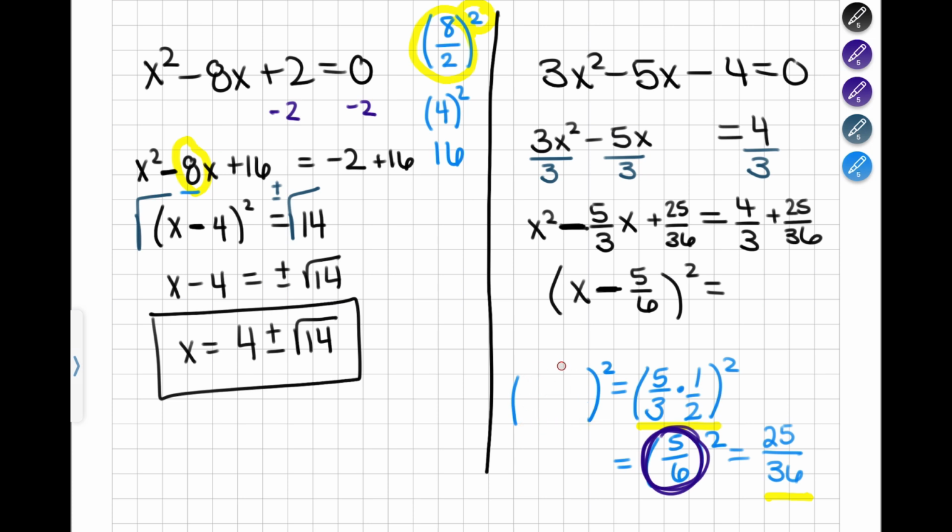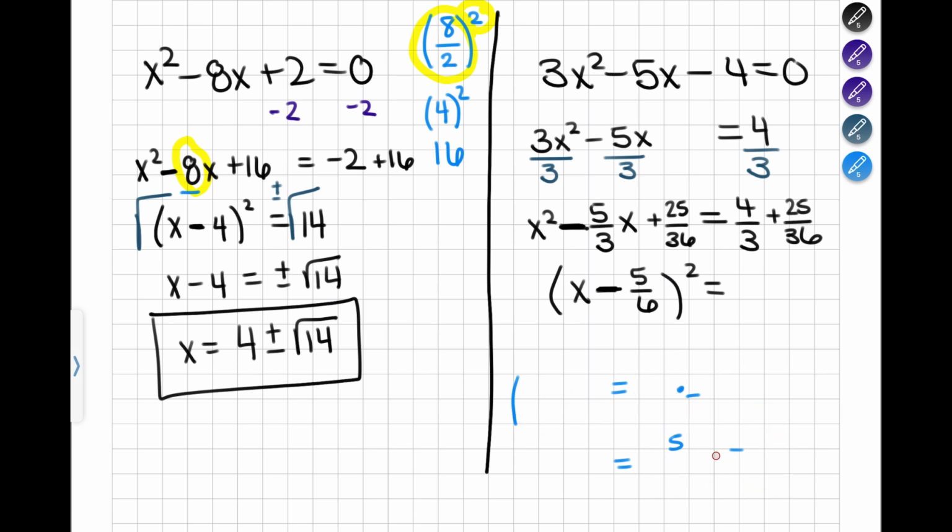Okay, so we factored, and then I am going to have to do some addition on the right-hand side. I need a common denominator to do that. I'll use 36. So I'm going to take 4/3 and multiply that by 12 over 12. So what does that give me? That gives me 48 over 36 plus 25 over 36.